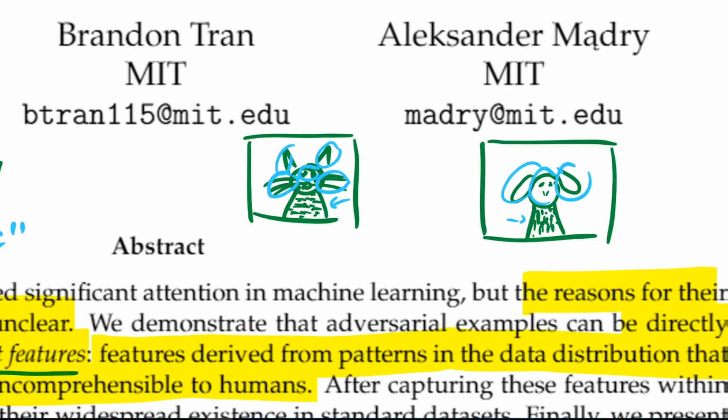And we humans don't really pay attention to these things because they're minute. You don't look at the directions of the individual hairs to classify an animal as cat or dog. You much rather go for the large features, like where are the ears and how do they look.